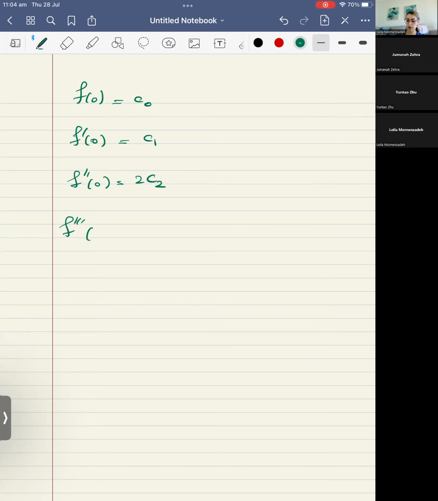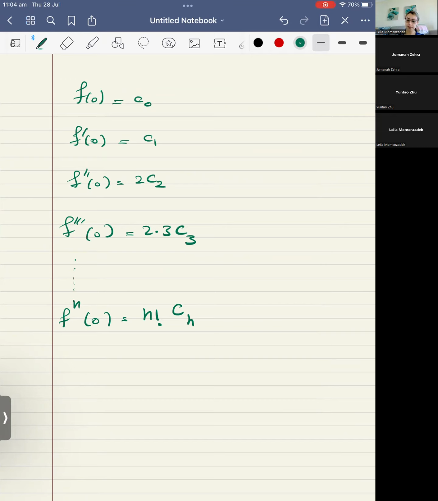Third one, you can find C3. And goes Fn, it looks like n factorial Cn. This is the Maclaurin series.